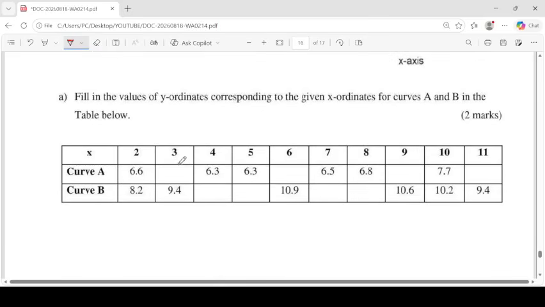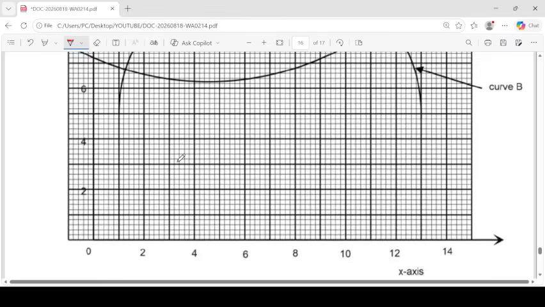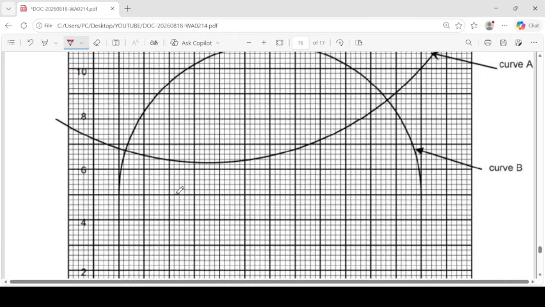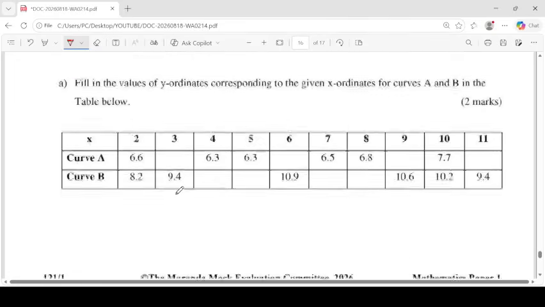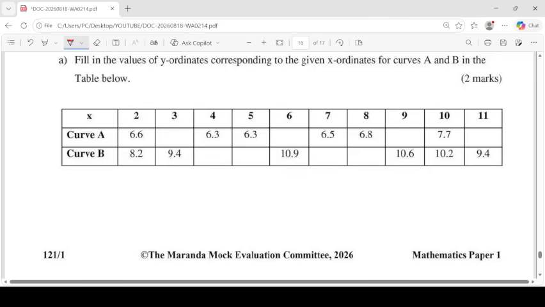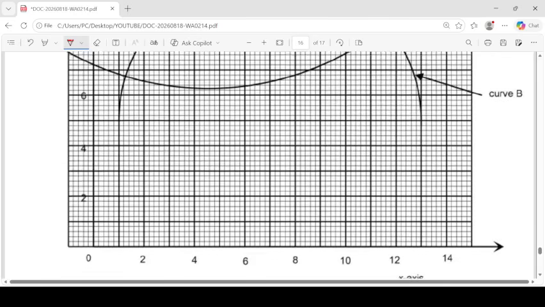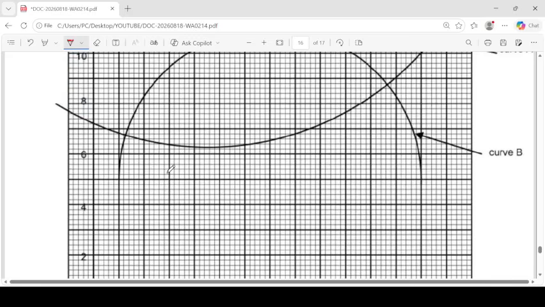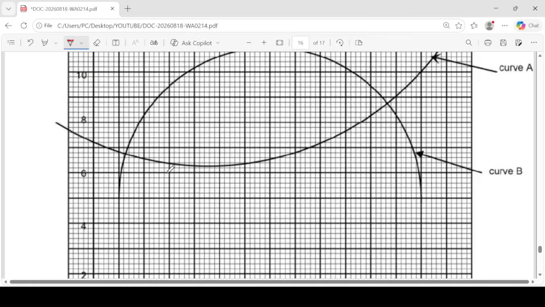When x is 3, curve A is reading 9.4. Here we need to be very keen.